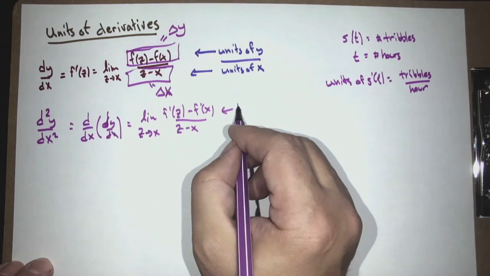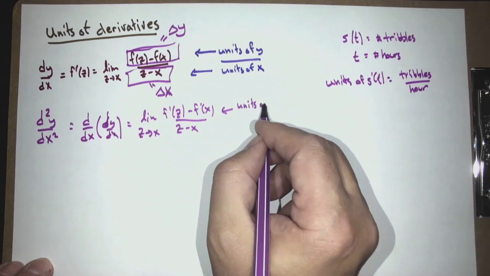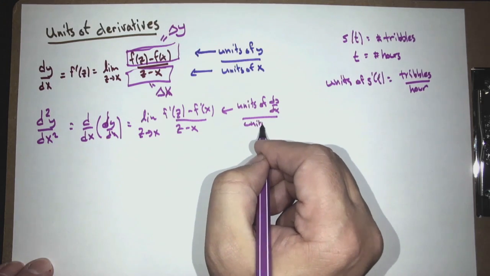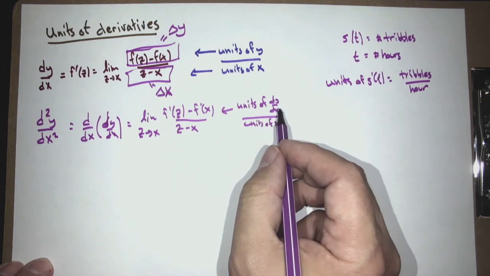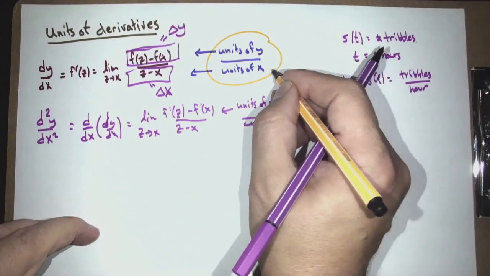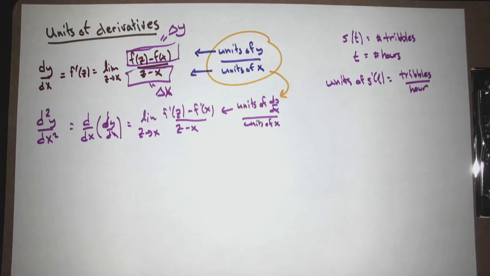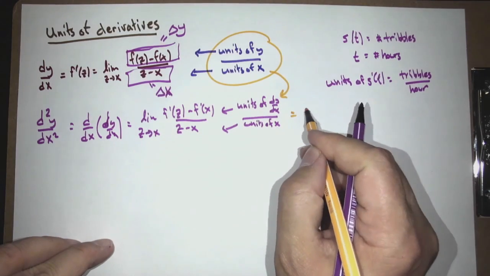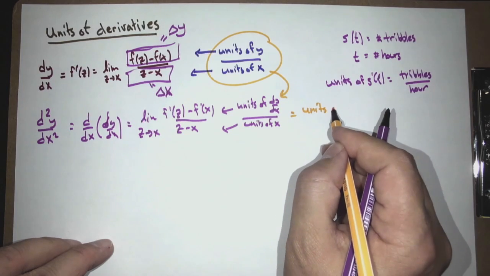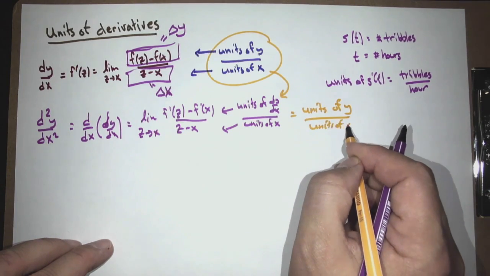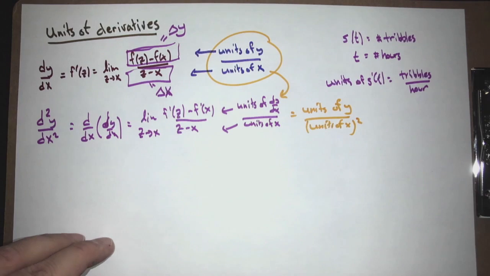And so upstairs you have your units of the derivative, and downstairs it's your units of x. But you know your units of your derivative because that's what we just did. So that tells us something. This is our units of y over your units of x squared.